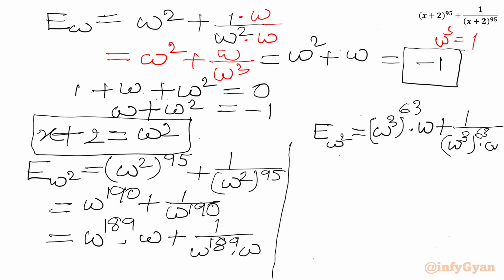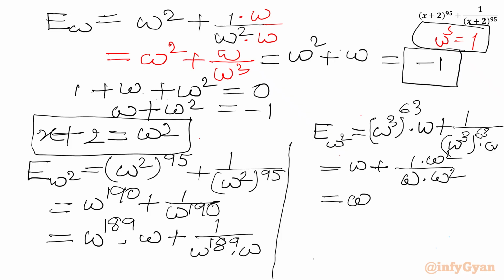Now omega cube is 1. So E(omega square) will be equal to omega + 1/omega, as omega cube is 1 and 1^63 is 1. Again we will multiply with omega square in the numerator and denominator.